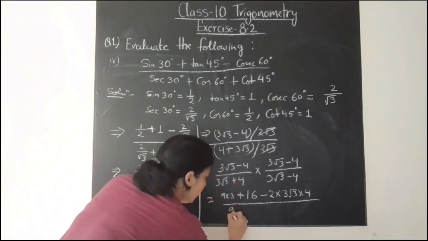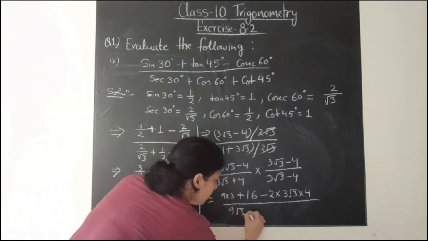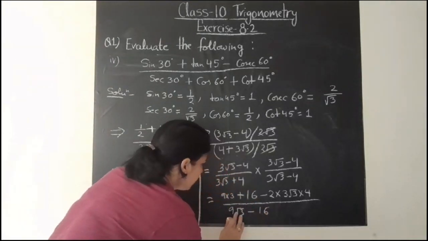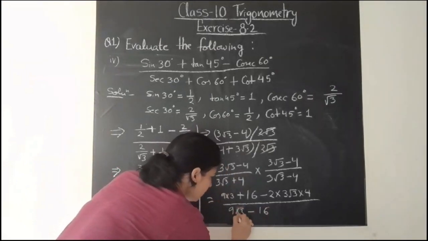So it will be 9 multiplied by 3, minus b square will be 16. Not root 3, 9 multiplied by 3.